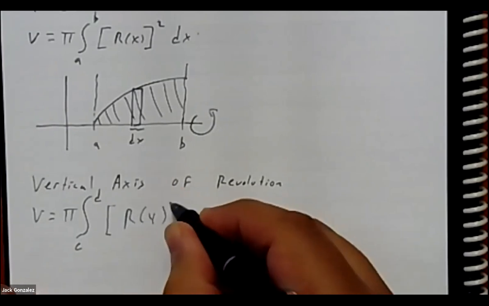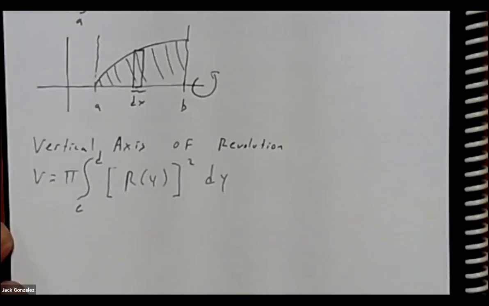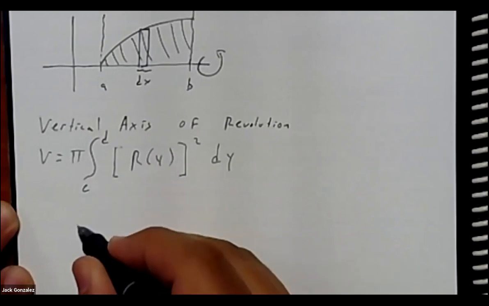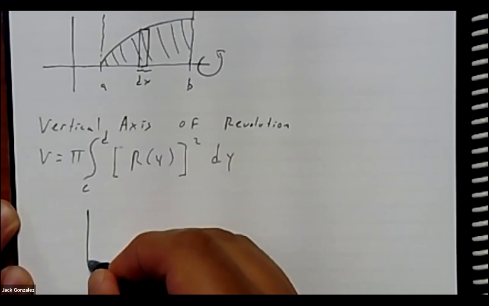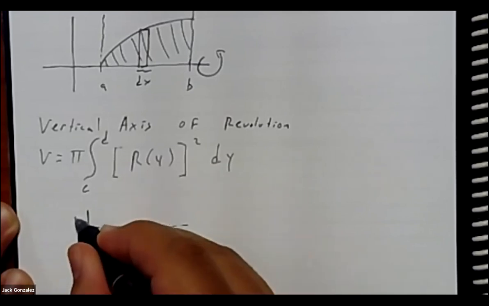Our y is going to be dy. So this type of scenario looks more like this. This is my d right here and my c.